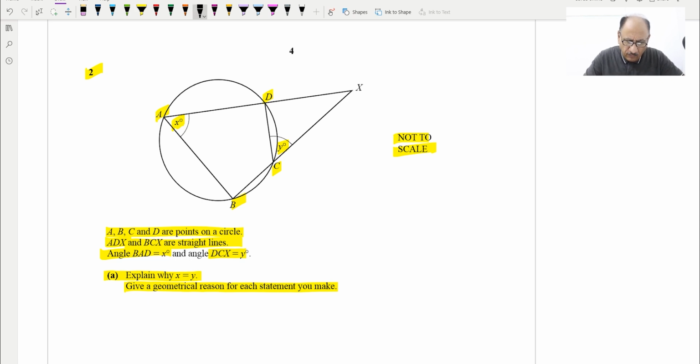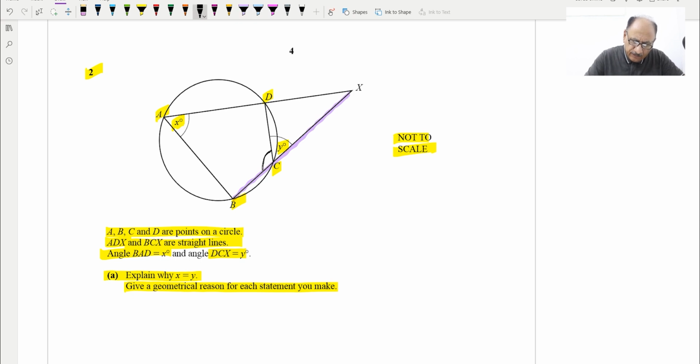So first of all, we can say that this one is equal to 180 minus y, because this is a straight line which is given. Angles on a straight line add up to 180 degrees.